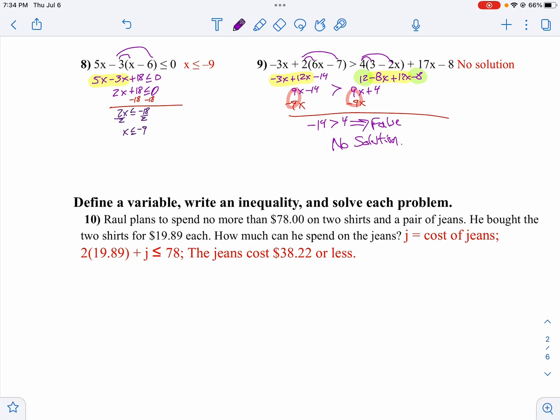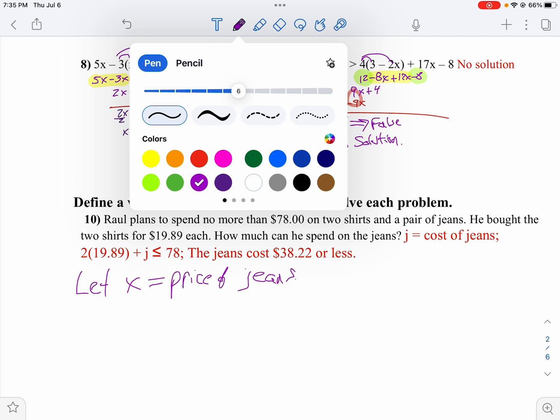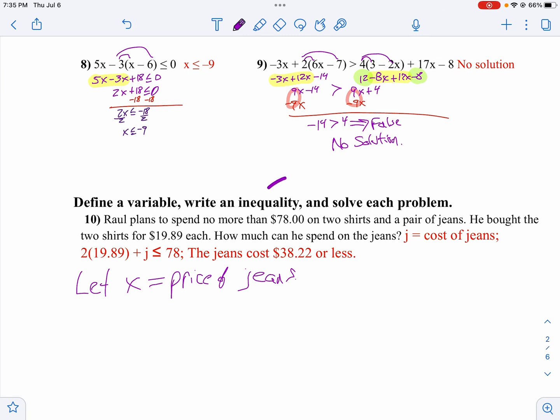So what I think I'll do is I'll let X be the price for a pair of jeans. So now what we know is he spent no more than $78. So he spent less than or equal to $78 on 2 shirts. And we know the shirts cost $19.89 each.